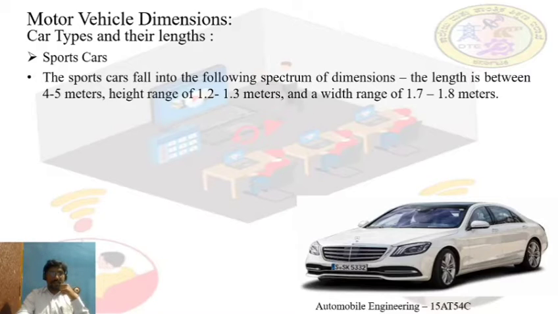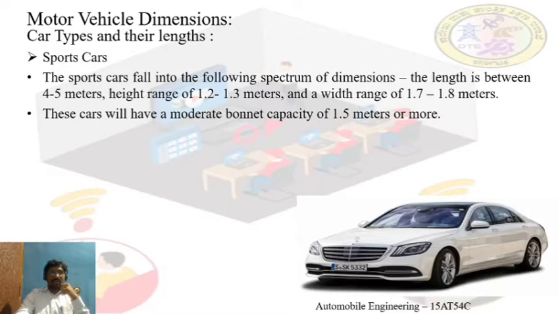The length is between 4 to 5 meters, the height falls in the range of 1.2 to 1.3 meters, and the width falls in the range of 1.7 to 1.8 meters.